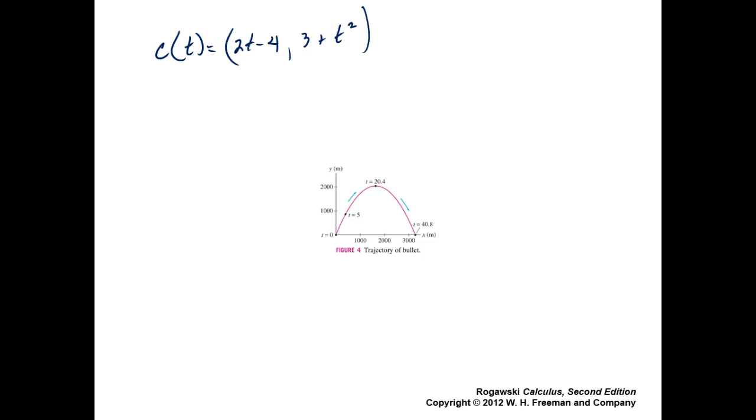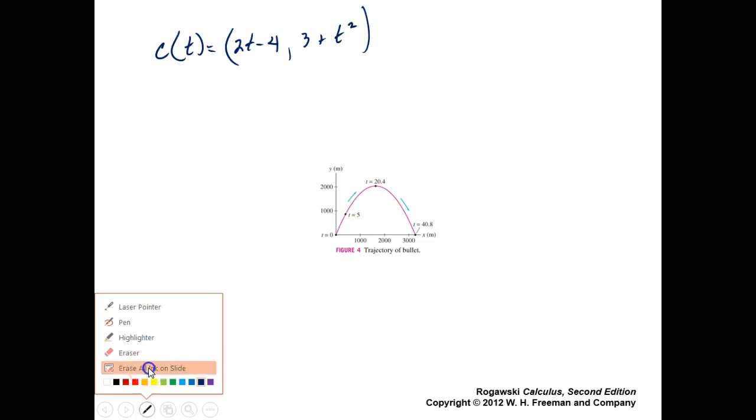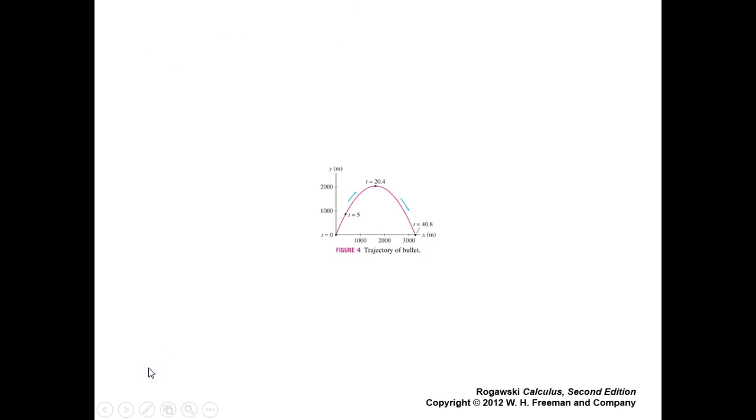Okay, example 3. A model rocket follows this, and I think I'll delete what's here because that was from the last example. I thought this was a slide for it, but it wasn't. So here's what we have. Model rocket follows this trajectory.